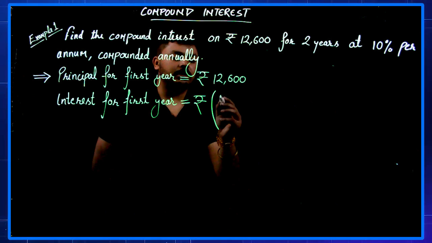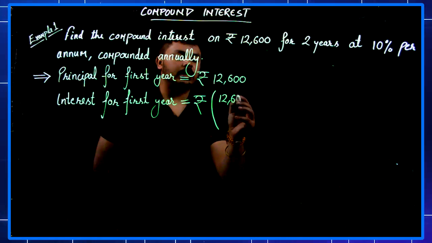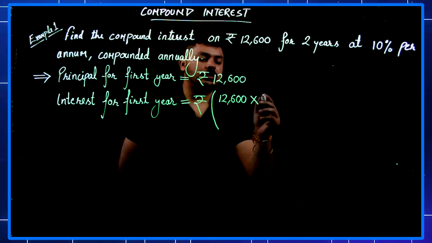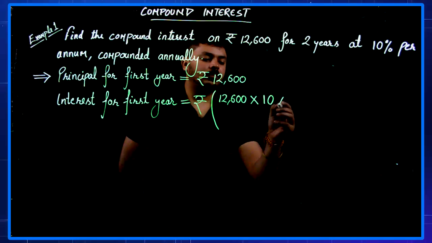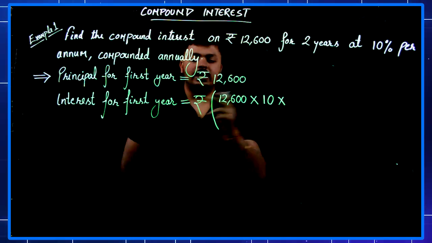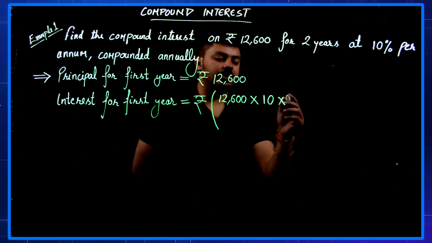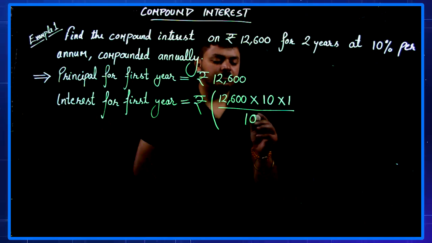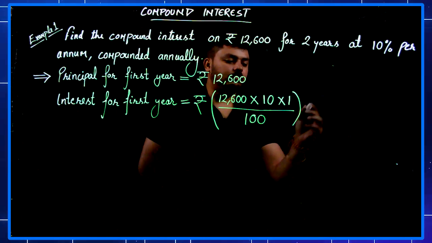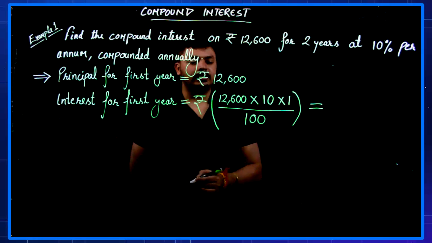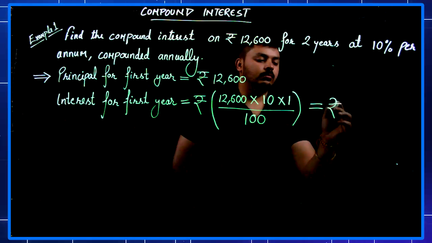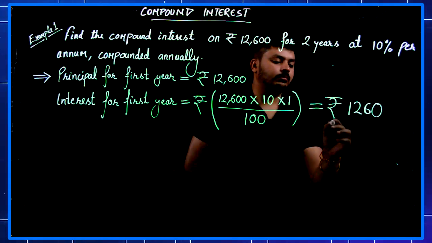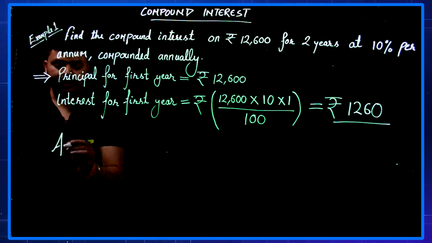So our principal is 12,600 multiplied by rate, that is 10, into 1 as we are calculating for the first year, so time is 1 year, and divided by 100. So we get our interest as rupee 1,260.